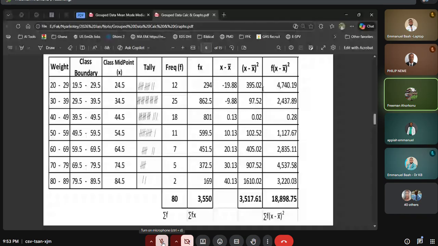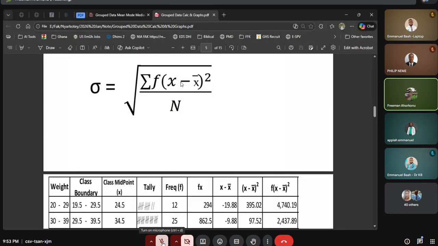Are you done? Yes, sir. Okay. So when you see the formula, just take it from inside. Now we are using the frequency to multiply the square of what is in this bracket.